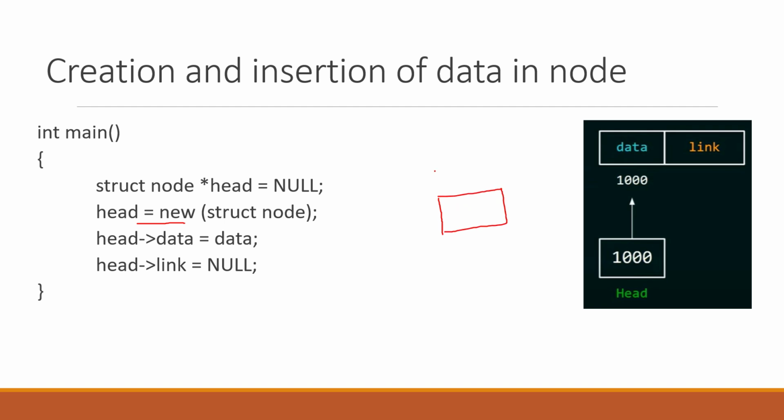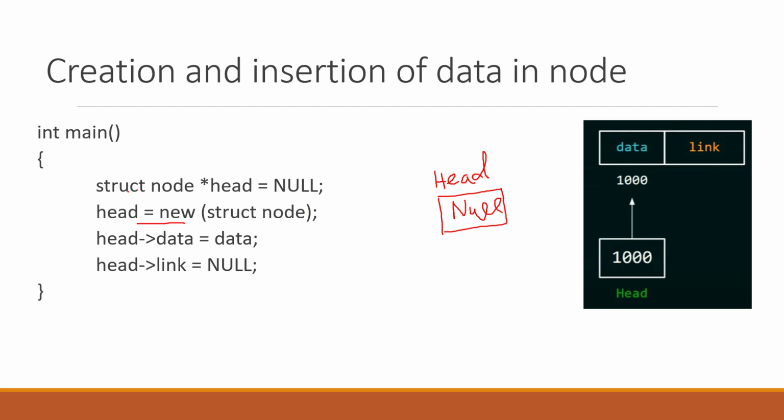This is a head or a start, and we do not have any list created in our memory, and this head or start is currently null, and we are going to create our first node.